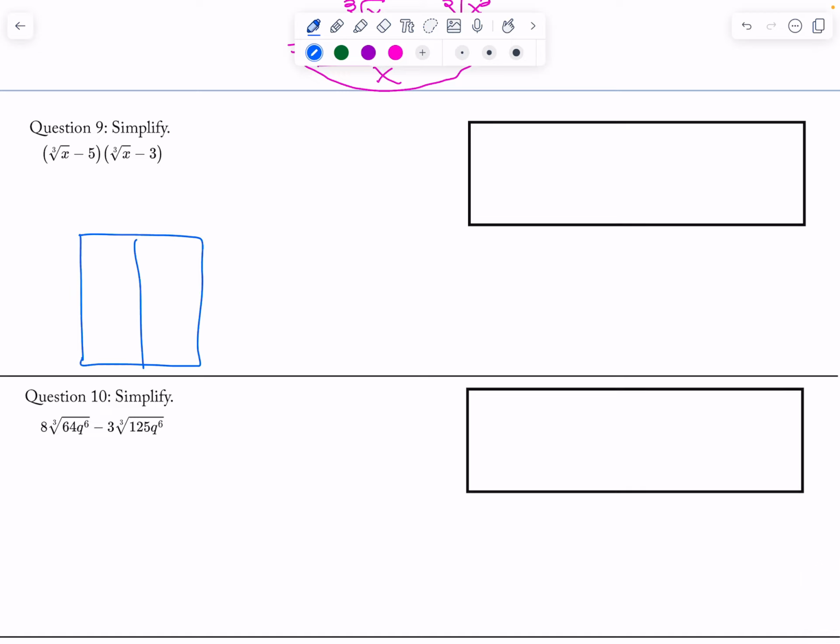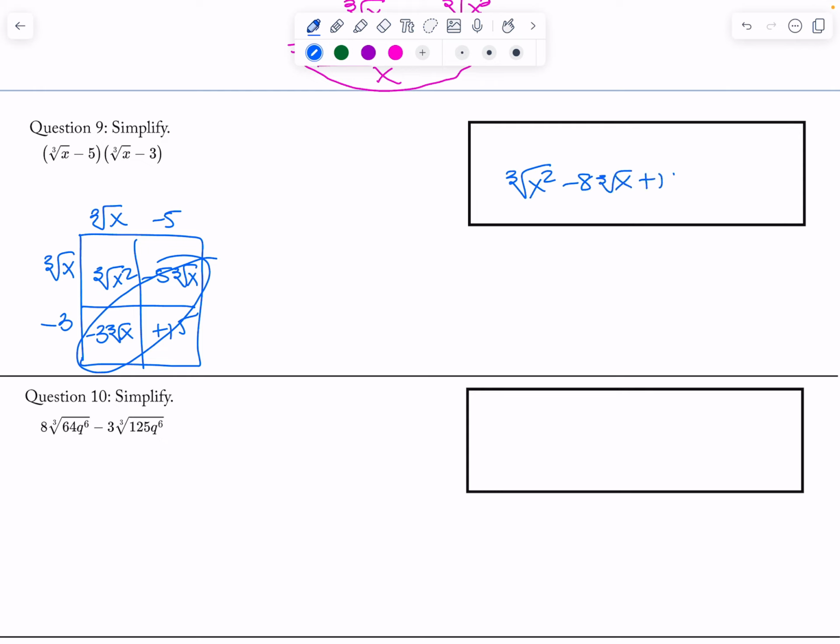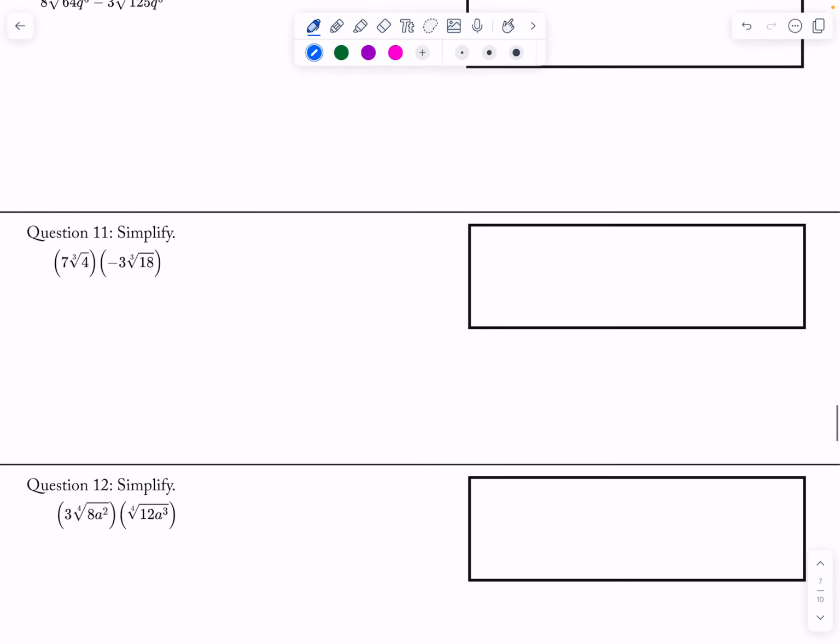Do a box here. Cube root of x minus 5, cube root of x minus 3, cube root of x squared, -5 cube root of x, -3 cube root of x, and a positive 15. So across the diagonal gives me a -8. So this is the cube root of x squared minus 8 cube root of x and plus 15.